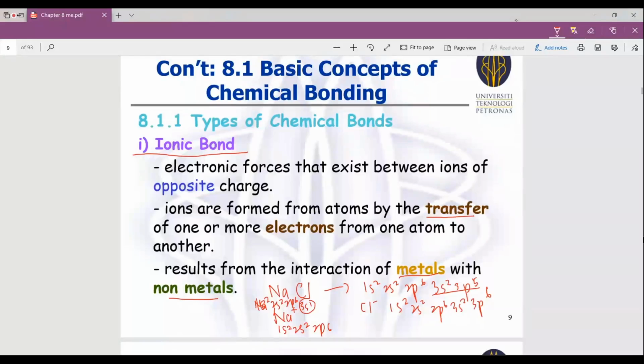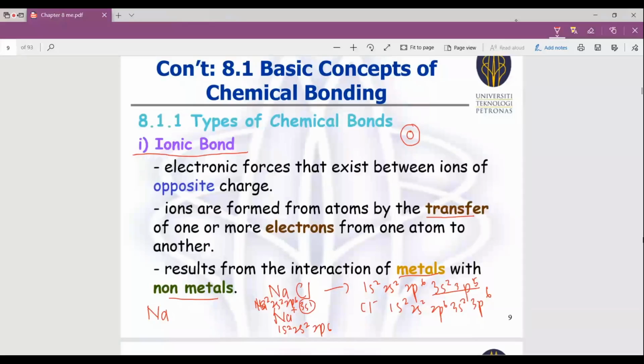Because Na has 1 valence electron, that 1 will transfer. I will draw it here. How many shells for Na?